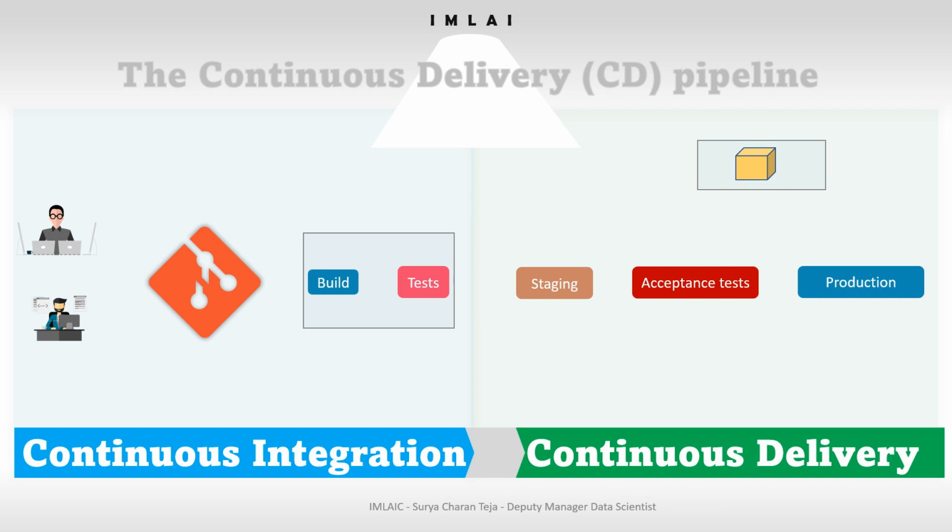It's very important that the package generated during CI, and that will be deployed during CD, is the same one that will be installed on all environments. This should be the case until production.